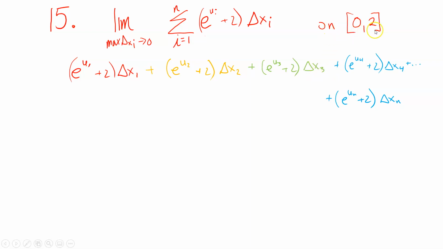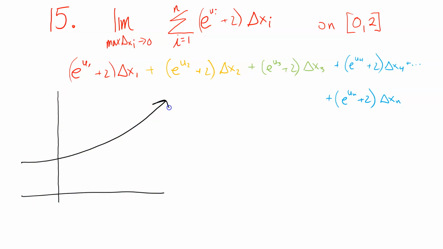Between 0 and 2, do you know what graph is being referred to by this e to the power u sub i plus 2 stuff? That's the graph y equals e to the power x plus 2.